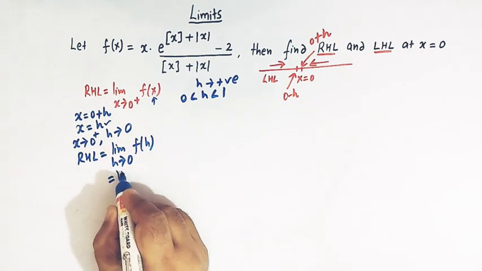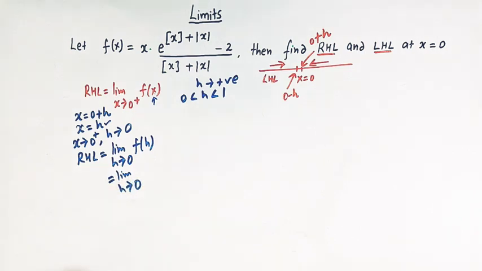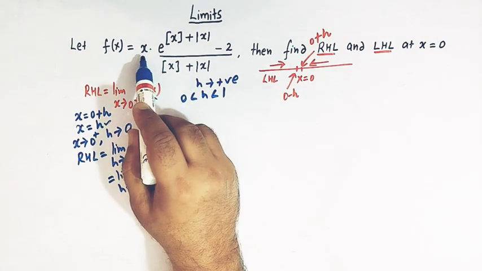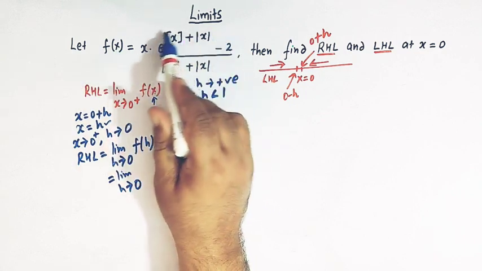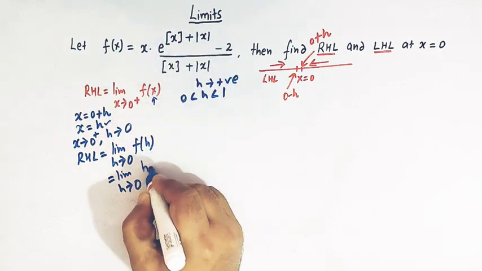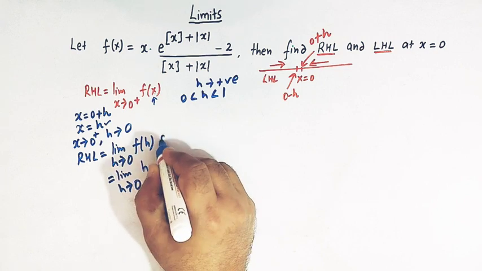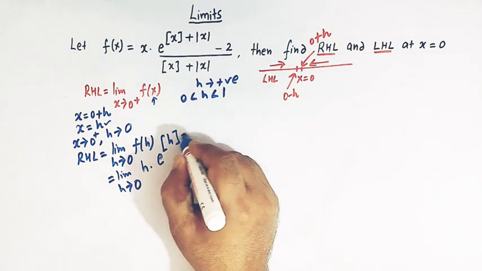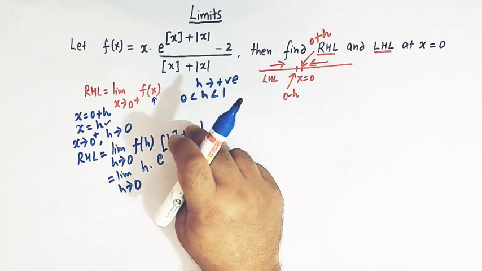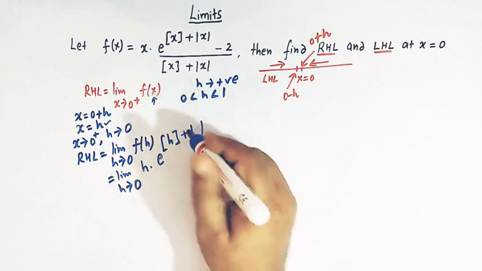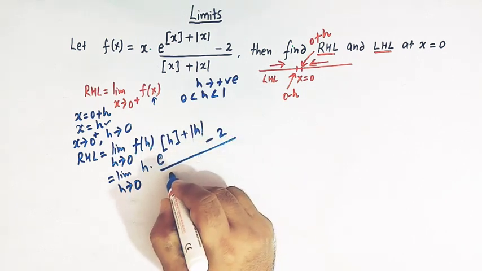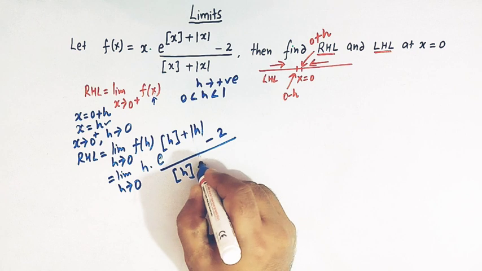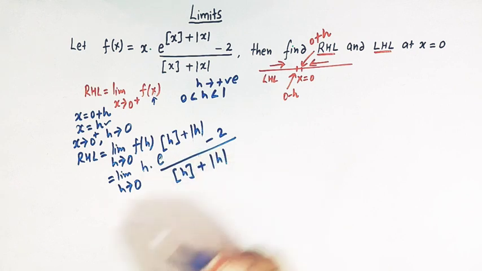Now f of h can be obtained by replacing x by h in this function. So we have h, then e raised to the greatest integer of h plus mod of h, minus 2, divided by the greatest integer of h plus mod of h.